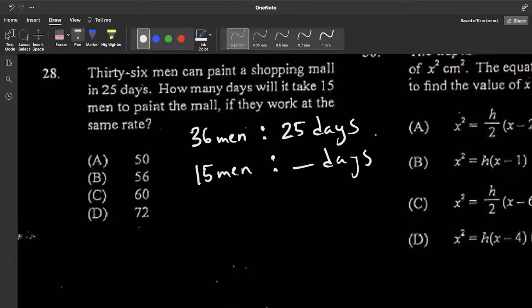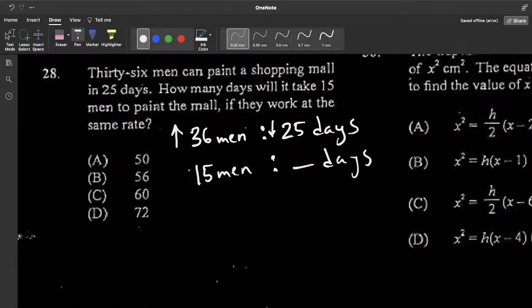Now this question isn't straightforward. However, if you think of it, we have 36 men, and they take 25 days to do it, so you would expect that 15 men would take longer. Once the number of men goes up, the number of days goes down.